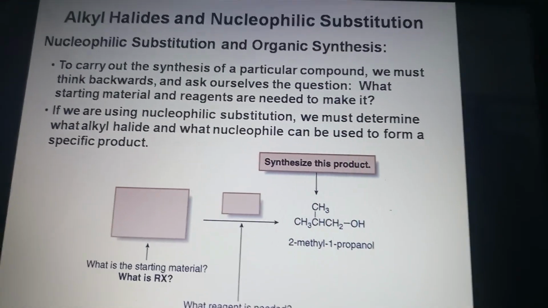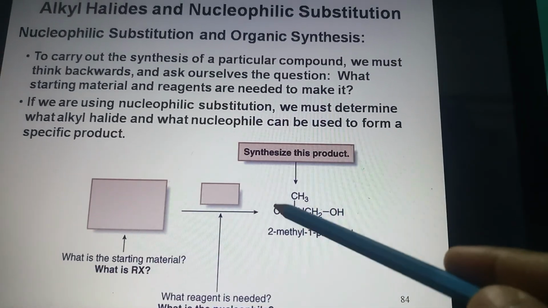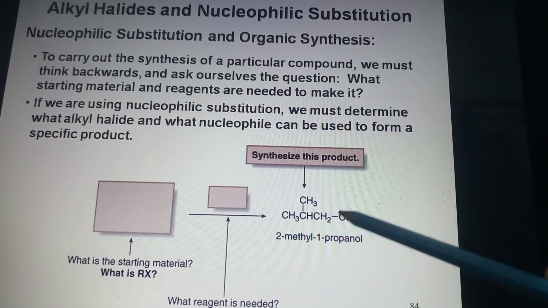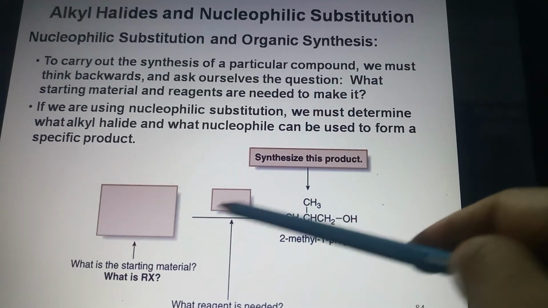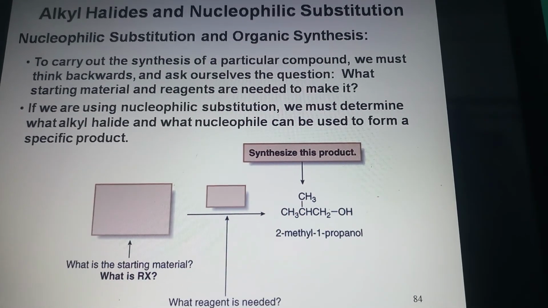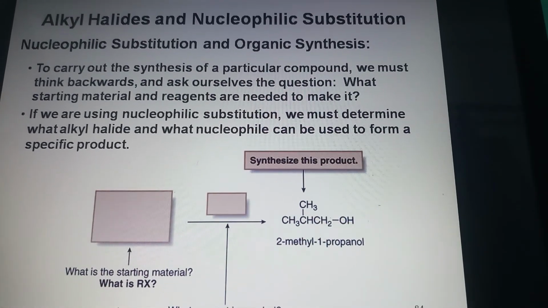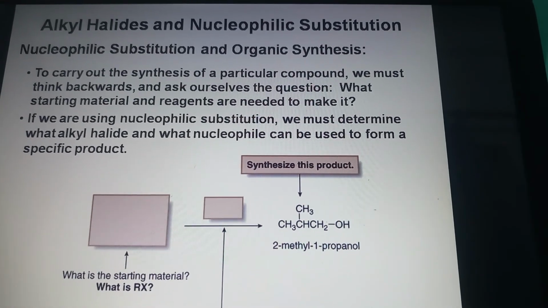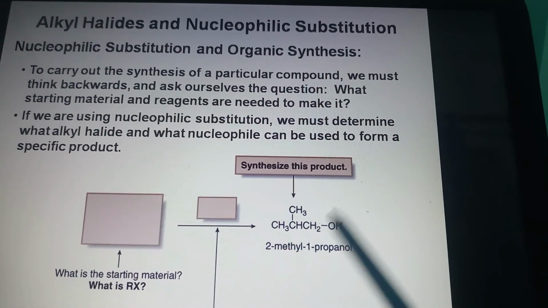Now, how to carry out a synthesis? If, for example, we have this product, then how will we predict the structure of the starting material and nucleophile? To carry out the synthesis of a particular compound, we must think backwards and ask ourselves the question, what starting material and reagents are needed to make our product.